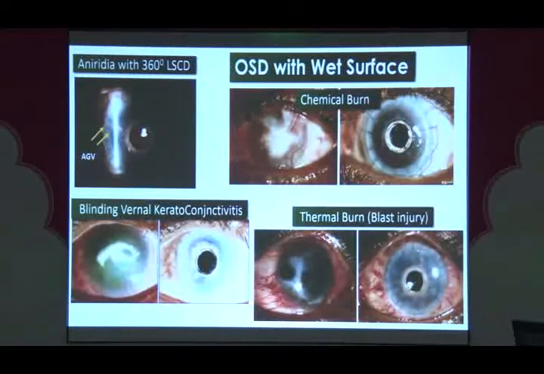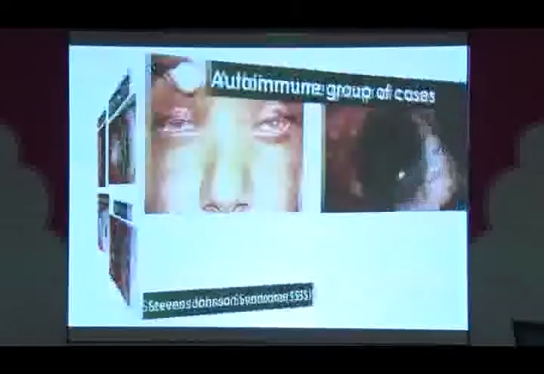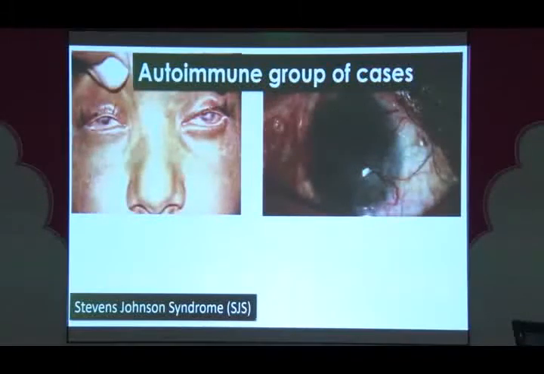As Sayan has already told, OSD with a wet ocular surface, we have a lot of choices. But in OSD with a bad ocular surface, the only choices are either Pintucci, type 2, LVP K-Pro, or OKP. Autoimmune cases are difficult to manage, and Sayan has already elaborated nicely.